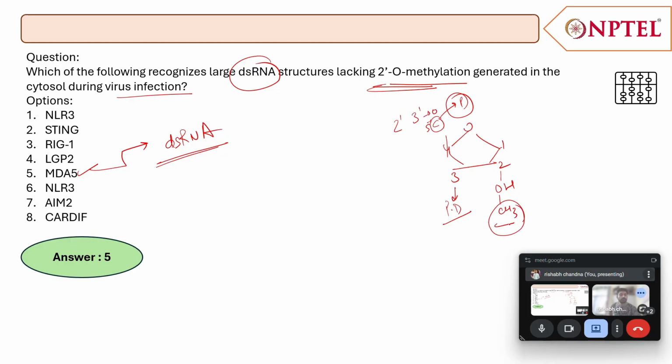Okay, so this methylation has different roles. Whenever a viral RNA enters into the cytoplasm, this methylation actually helps in recognizing that it can be an RNA that can be from an outside source.